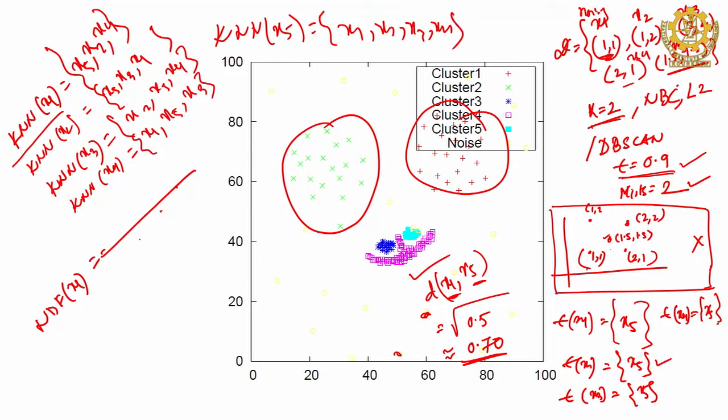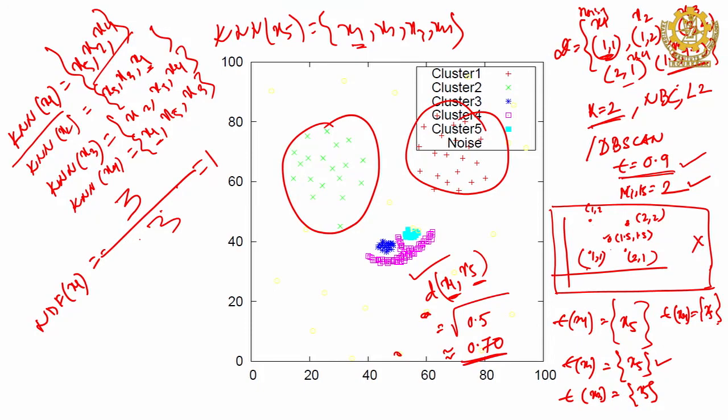Now, you compute the NDF of x1. NDF of x1: where is x1 appearing? x1 is appearing here, next x1 is appearing here, and then x1 is appearing here. So, this reverse k nearest neighbor count will be 3, and the NDF of x1 with KNN value 3 will be 1.